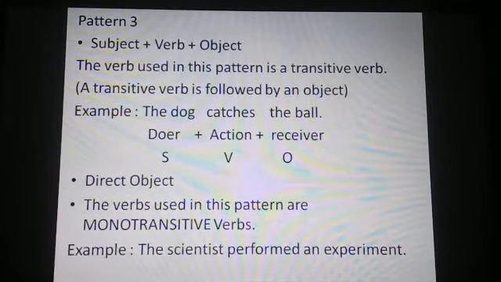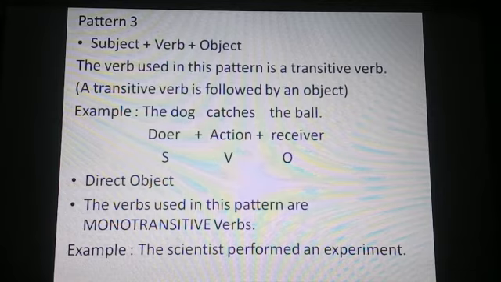Let's see an example. The scientist performed an experiment. The scientist performed what? An experiment. The scientist performed an experiment. An experiment was performed by the scientist.